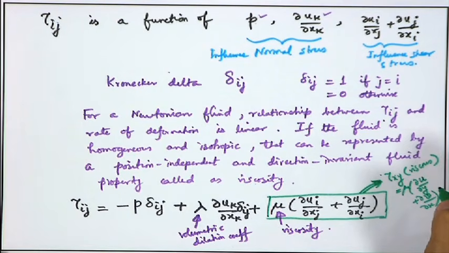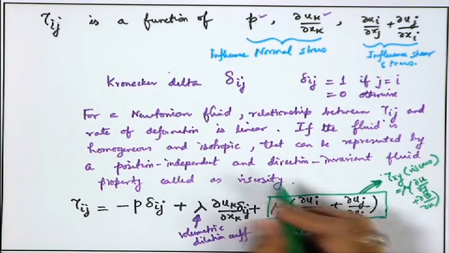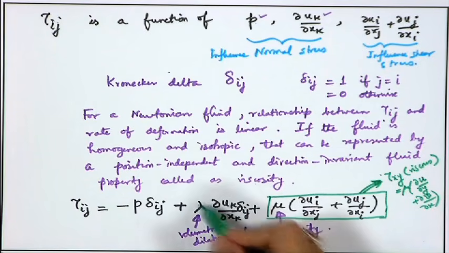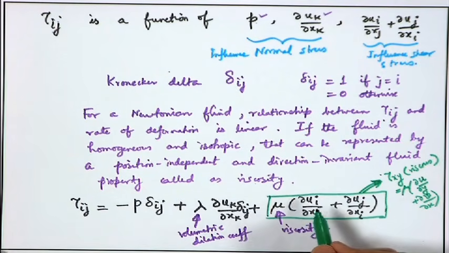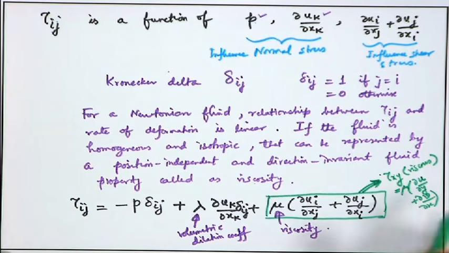But keep in mind that there could also be an additional stress. We will relate this volumetric dilation with the viscous effect soon, but that is implicit and will come into the picture later. If there is a volumetric deformation, then there is an additional stress that may not be explicitly viscous, but there will be an additional stress.